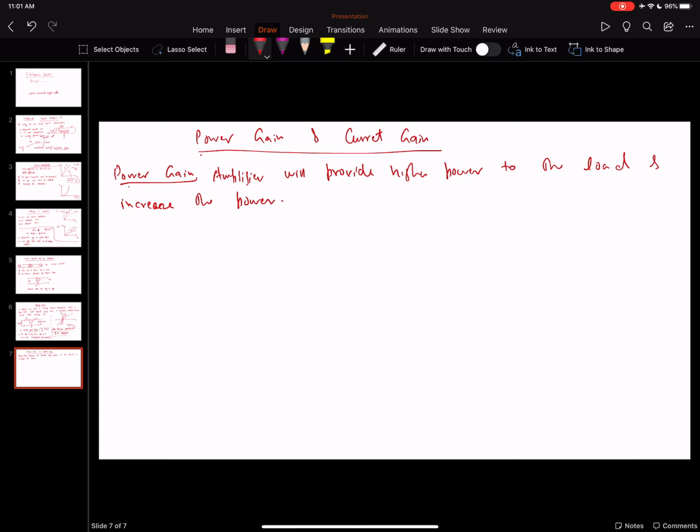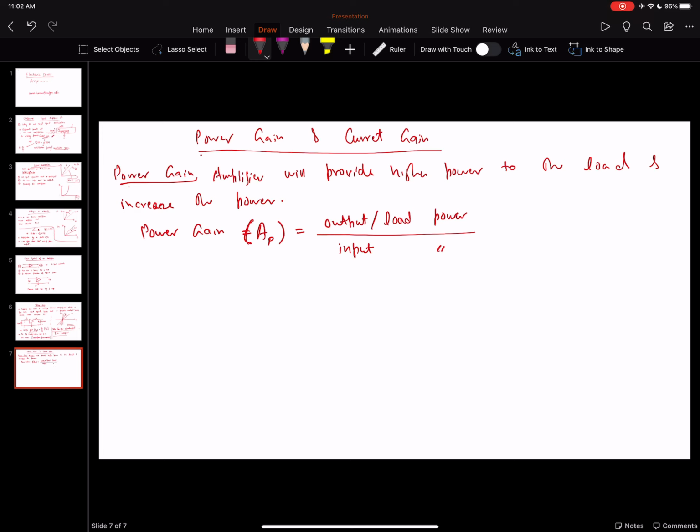So in very simple terms, we can define the power gain. Power gain, we can represent by A, and subscript P shows power gain. We can easily call it the output power or load power to the input power, right?